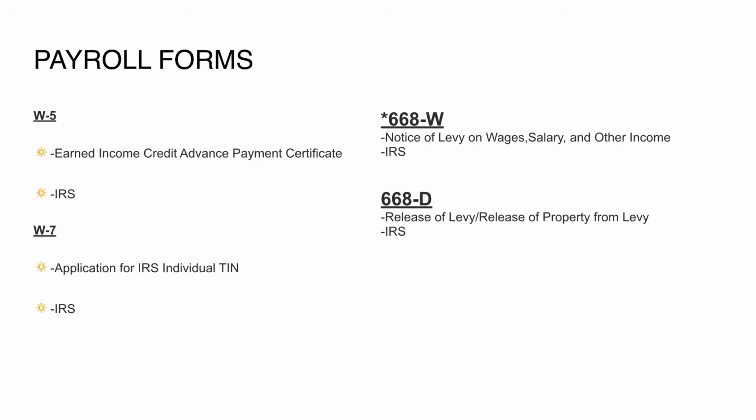Form W-5, Earned Income Credit Advance Payment Certificate. It is reported to the IRS. Form W-7, Application for IRS Individual TIN, which is the Tax Identification Number, reported to the IRS.